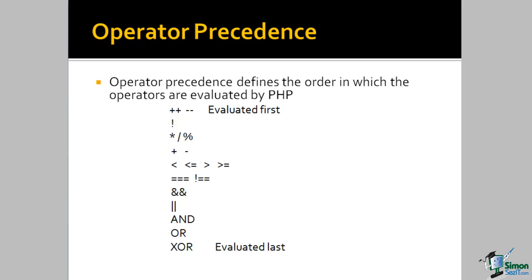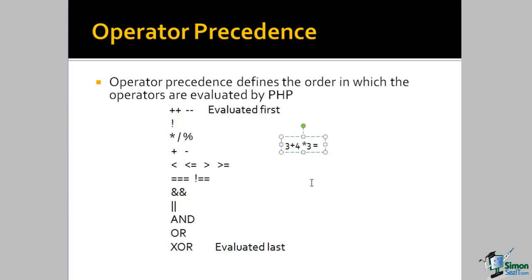proper placement of parentheses. One of the common examples of this is what if you wanted to add 3 plus 4 and multiply it by 3? What would we do to ensure that 3 plus 4 times 3 would actually equal what we wanted it to equal?